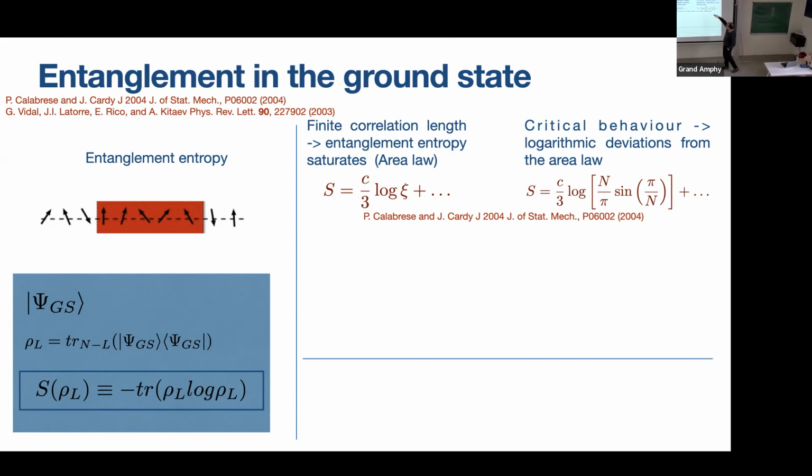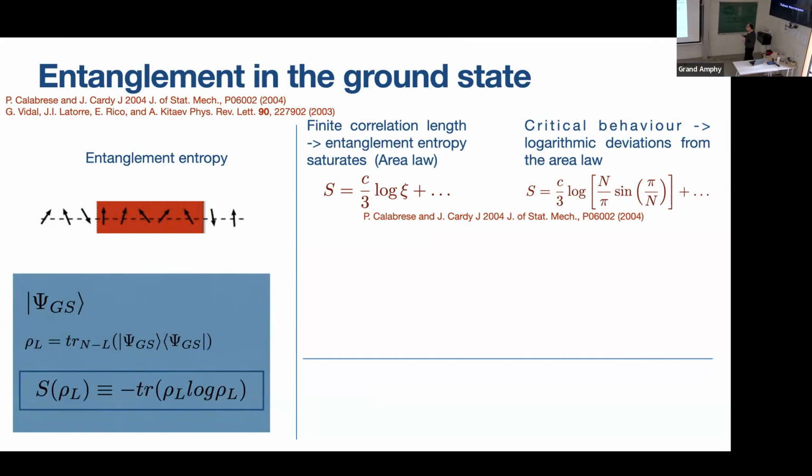If you have a finite correlation length, the entropy obeys an area law. So essentially, the entropy scales like the boundary, which in one dimension is essentially a number, while if the system becomes critical, so the gap goes to zero, there is a log-like divergence of the entropy with the system size.